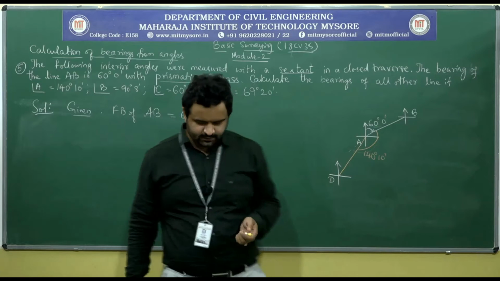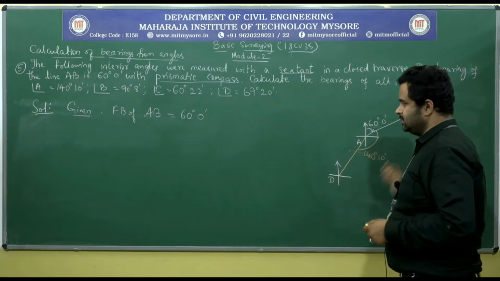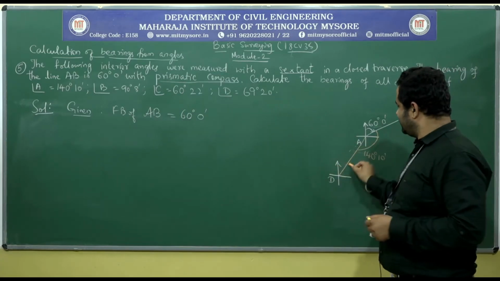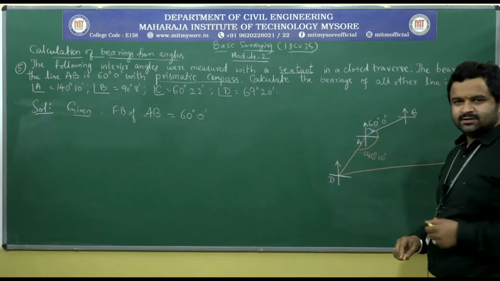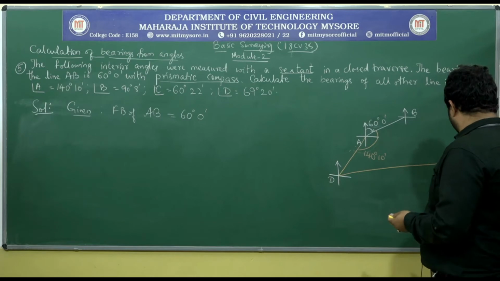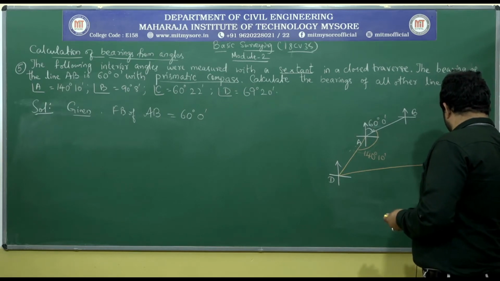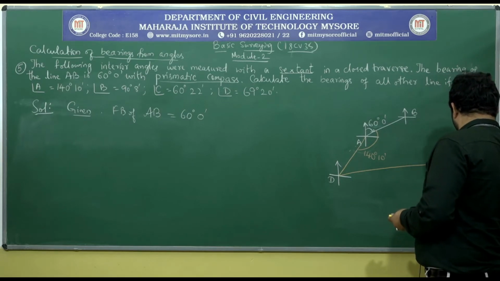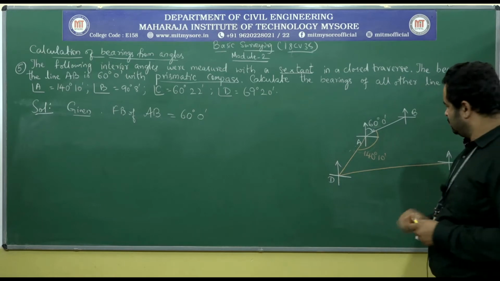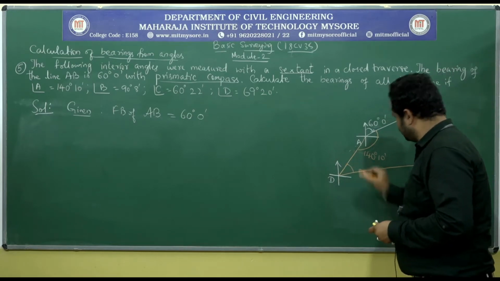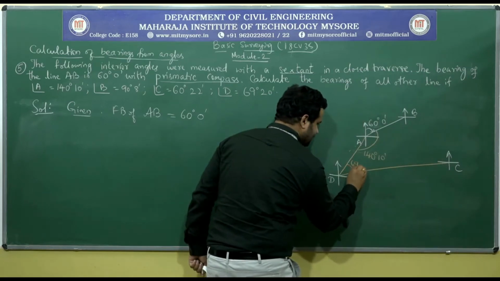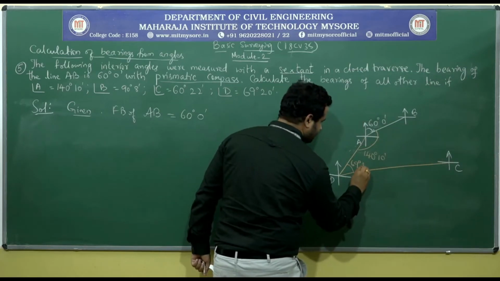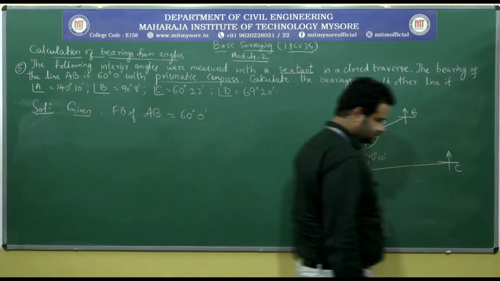From D I can move to point C, and what about the angle D? It is 69 degrees 20 minutes. A line like this, and you can plot the station C here. So this angle will be angle D.